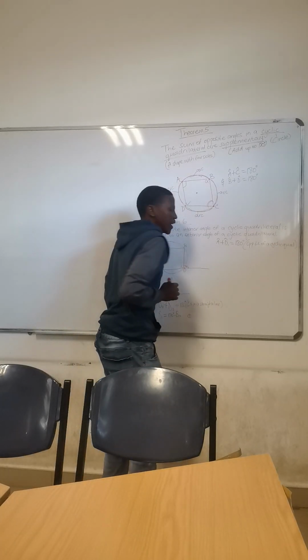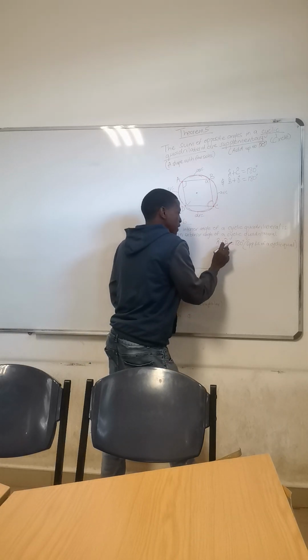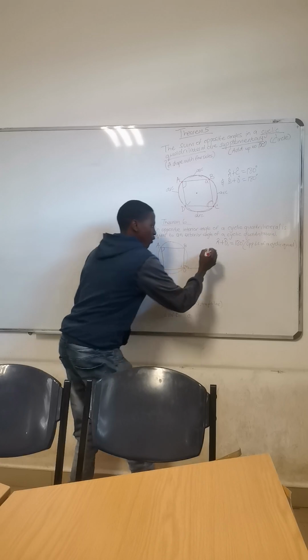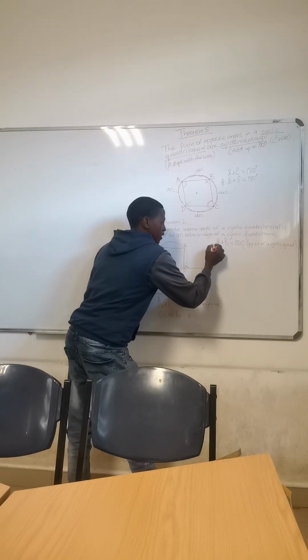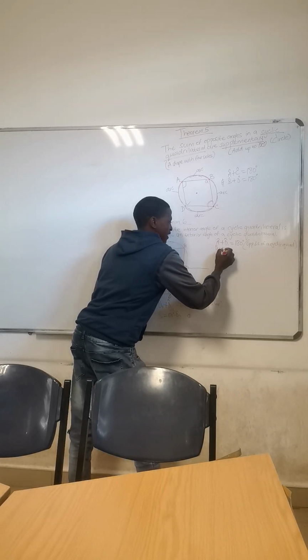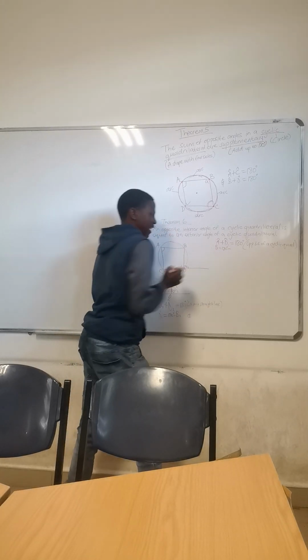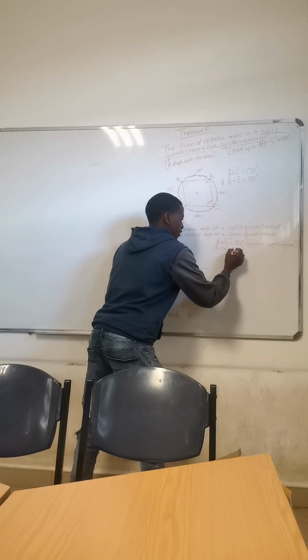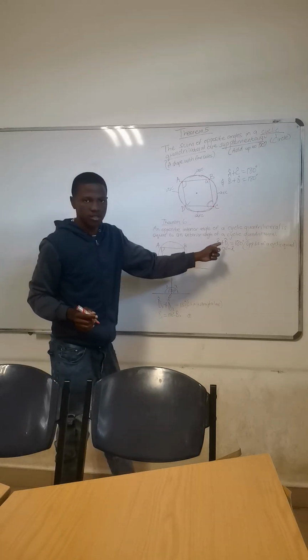And then you come here again, and you make D1 the subject of the formula. Therefore, D1 is equal to 180 degrees minus A. Because now when you transpose, the sign changes.